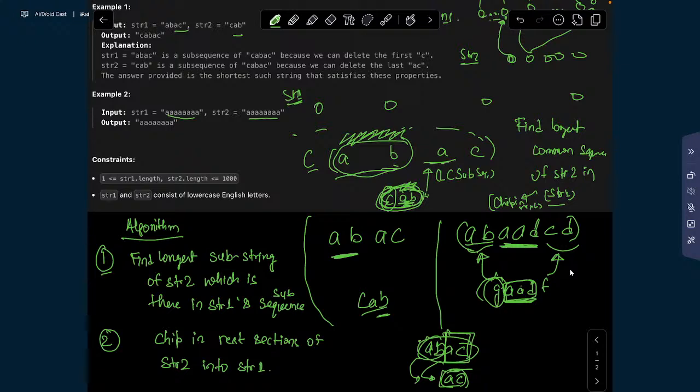So why am I looking for a substring? I have to look for actually a subsequence, the longest subsequence which is common in str2. Why look for contiguous stuff? We have to look for something like this only. So here we found AAD is common in this one, right? But there might be a case where we got F here as well. In that case, we can say that AADF is sorted.